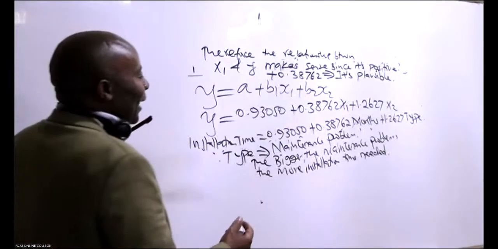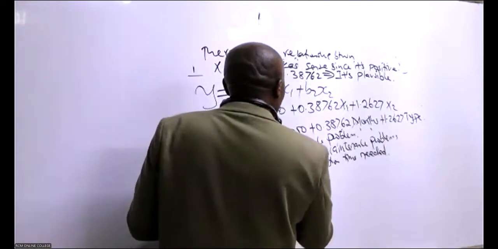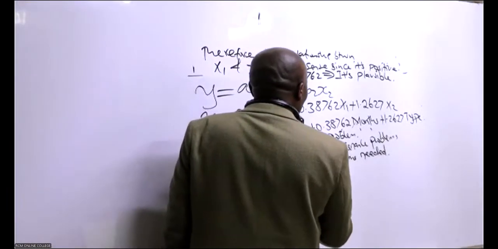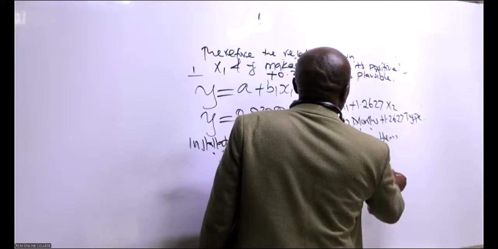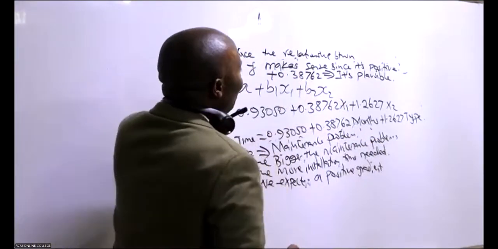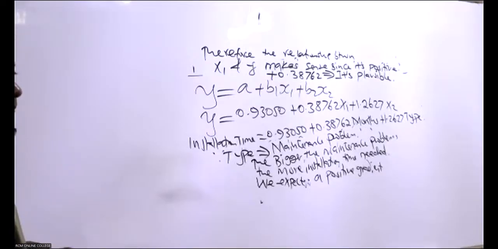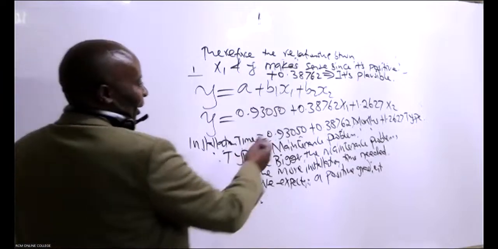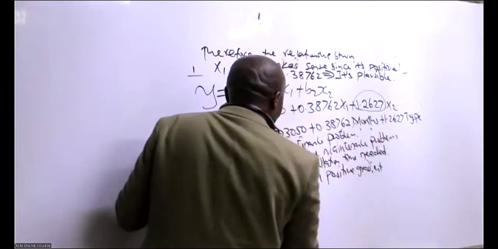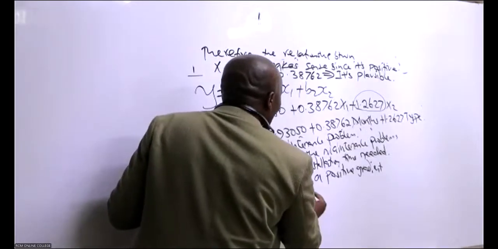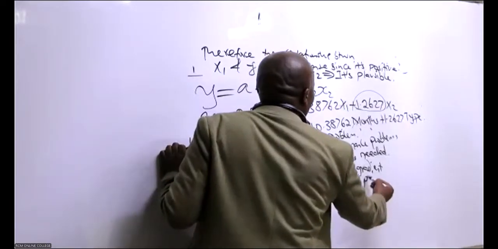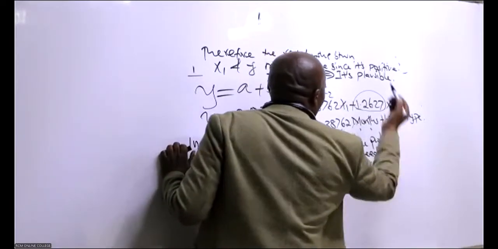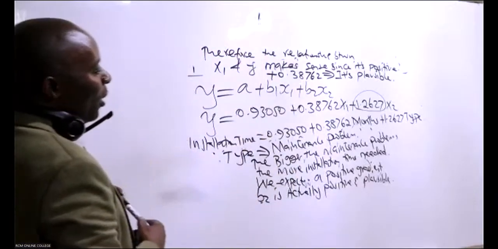So in short, we expect a positive gradient. Then we go ahead and ask ourselves, is it actually positive? Is the B there positive? Yes, it is this B2, and in this case B2 is actually positive, and therefore plausible. Makes sense.